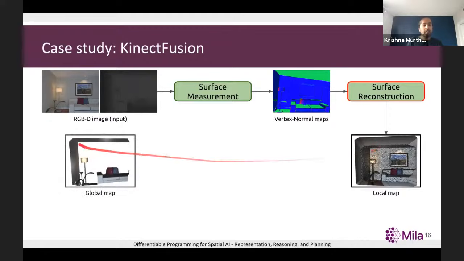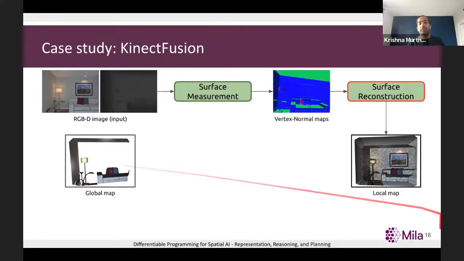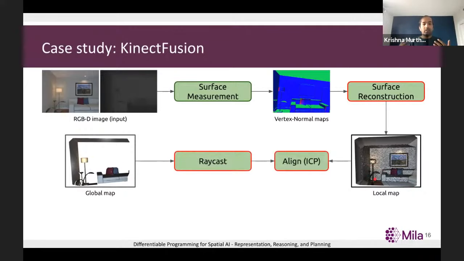And you want to align these local observations or local map with a global map, which is initially empty, but as time progresses, it gets all of the signal and discards all of the noise from each local map. And there's various components in this pipeline, including raycasting, ICP, and fusion, which are inherently non-differentiable.